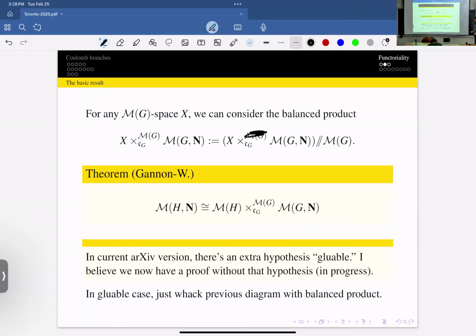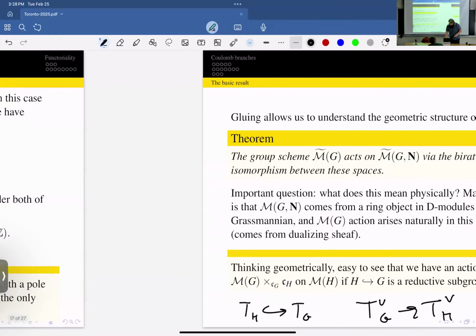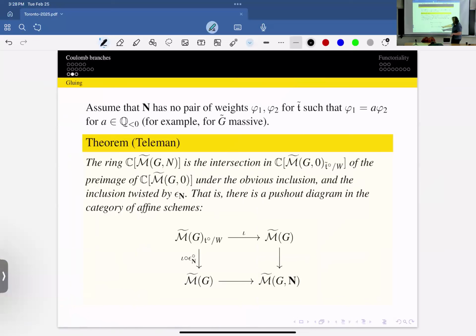I now think we have a proof without that hypothesis, but the proof is still kind of in progress. So in the gluable case, the proof is actually really simple. It's basically you take this diagram and you whack it with balanced product. And gluable is basically exactly the hypothesis you need for this story to work correctly.